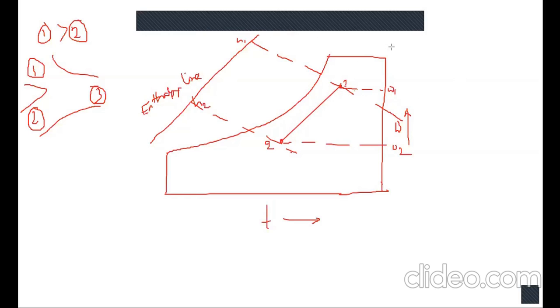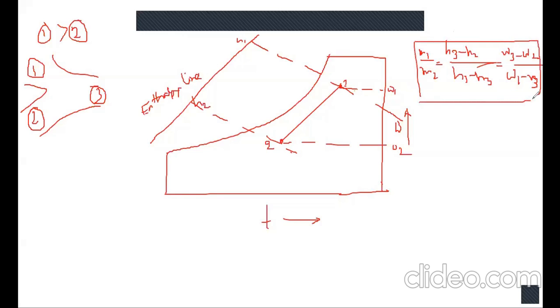We have only one equation. Already I have told m1 by m2 equals to h3 minus h2 by h1 minus h3 equals to omega 3 minus omega 2 by omega 1 minus omega 3. This expression is our final expression.